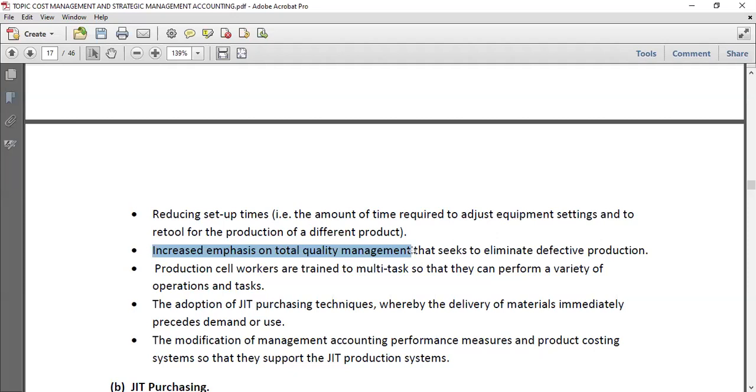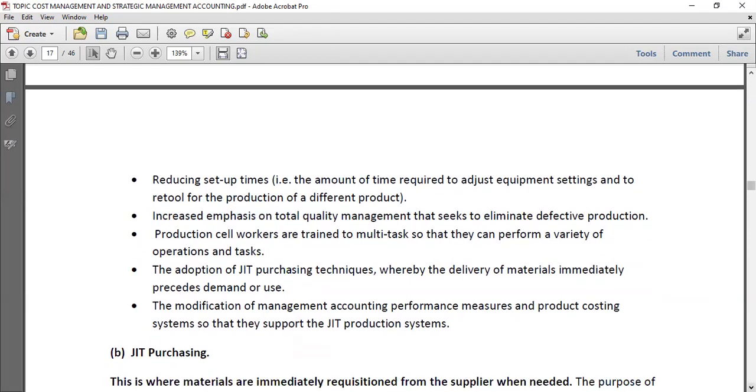The whole organization is driving towards improving the quality of the product. So with the JIT system, the delivery of materials should be immediate, and the delivery of the final product is also the same. The management accounting systems would also be adjusted to fit the JIT production system.